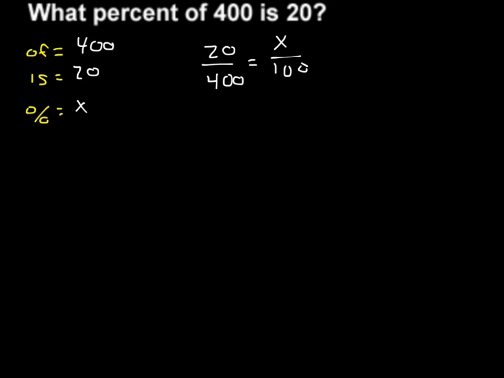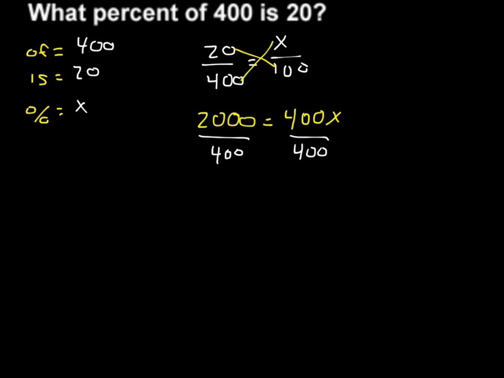So cross multiply. And we'll get 20 x, and then we're gonna solve for x, divided by 400.